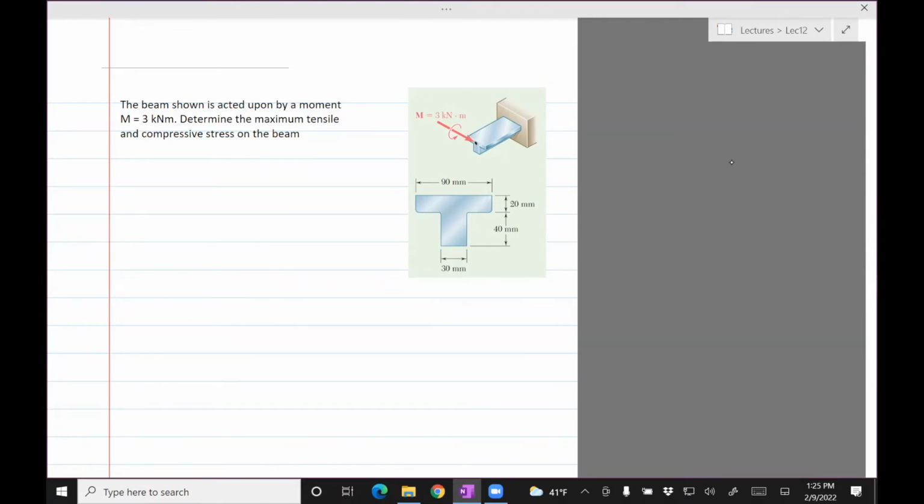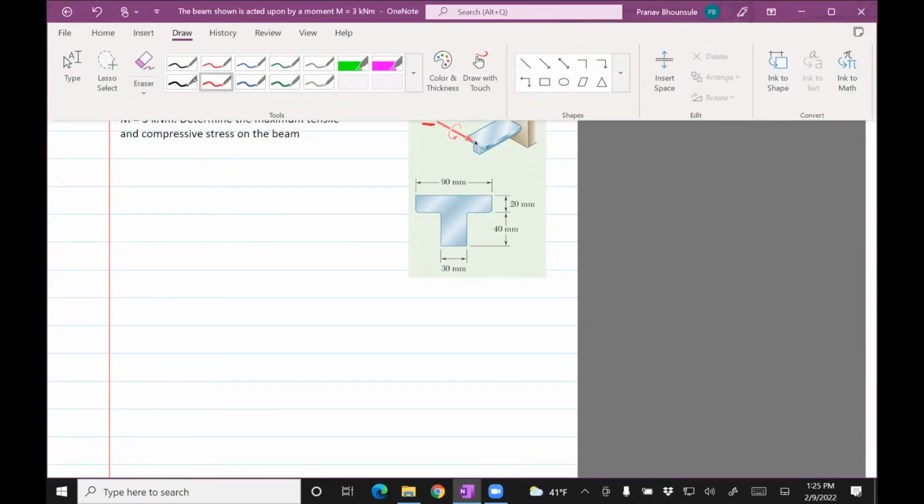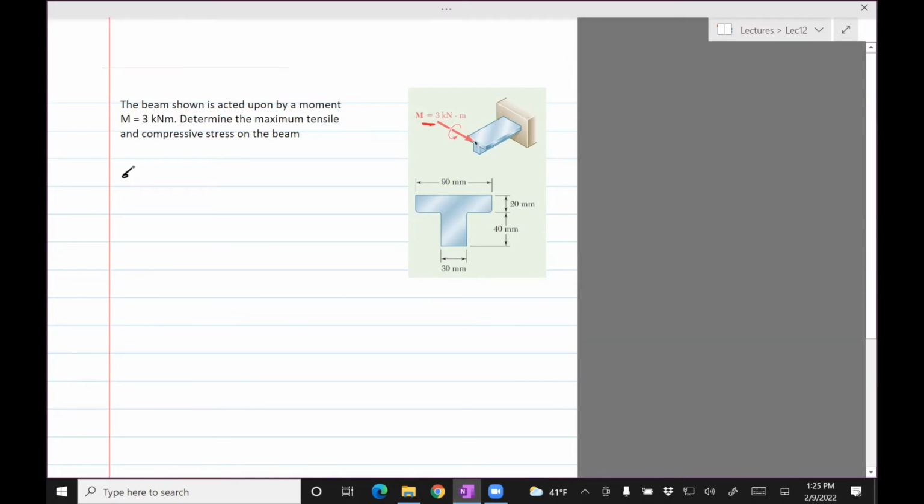The beam shown is acted upon by a moment M. So if the moment is given, determine the maximum tensile and compressive stress on the beam. So what we are asked in this problem is to find sigma tensile, let's abbreviate that by sigma T, and sigma compressive, which is sigma C. Okay, so there's nothing new in terms of application of formula.